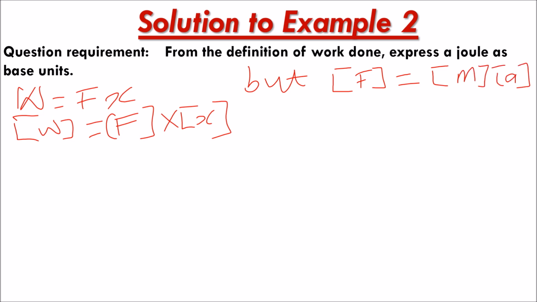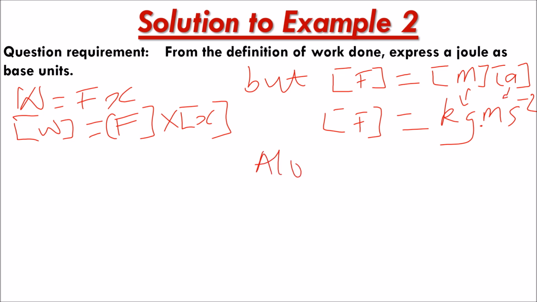F is equal to ma. Therefore, the units of a force are equal to kilograms meters per square second. So the kilograms from the mass is multiplying the meter per square second from the acceleration. Also, we are aware that the units of distance are meters. Why? Because distance is length.